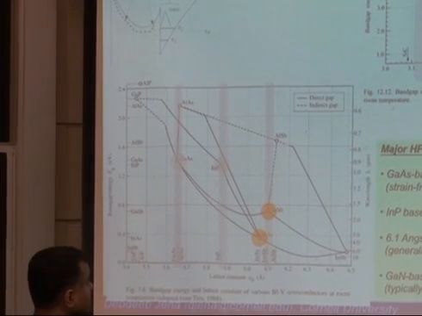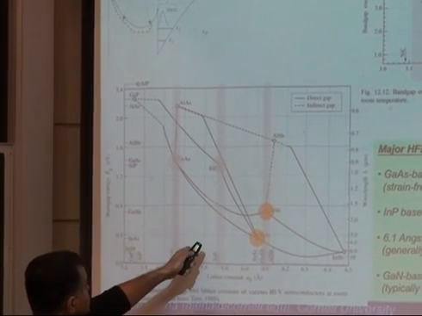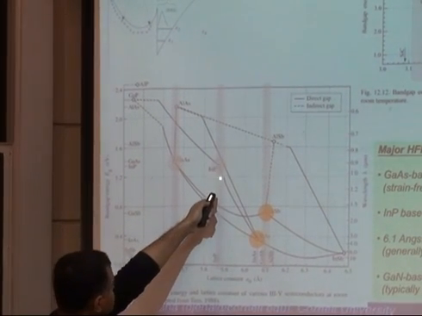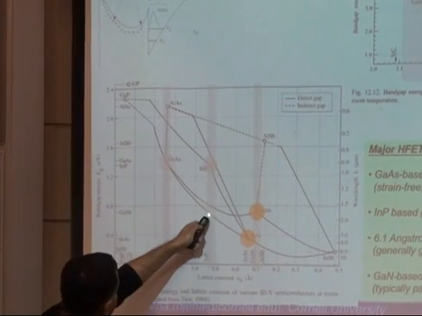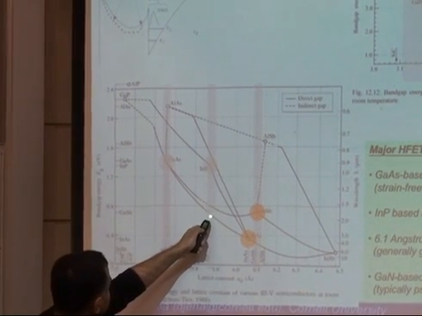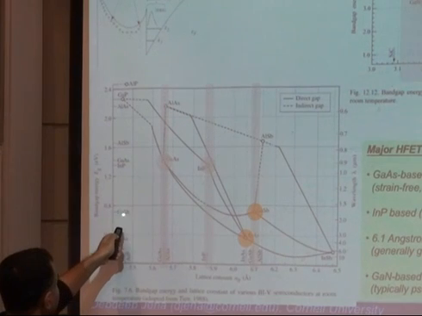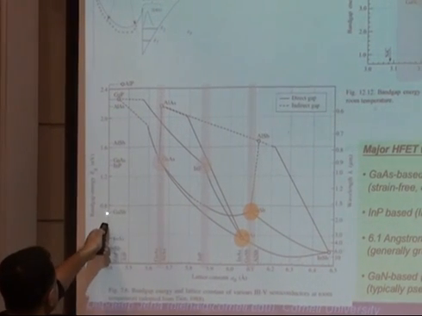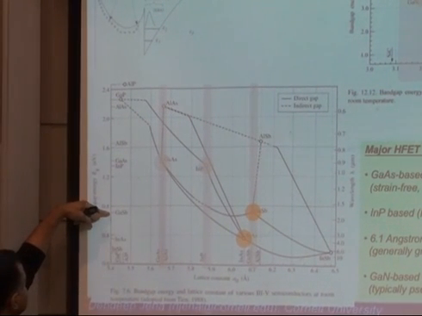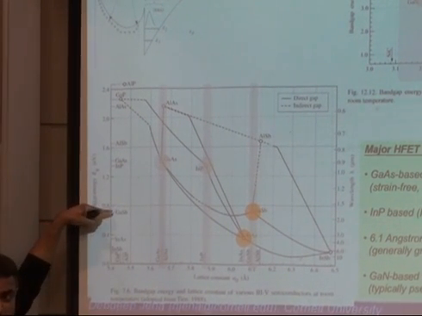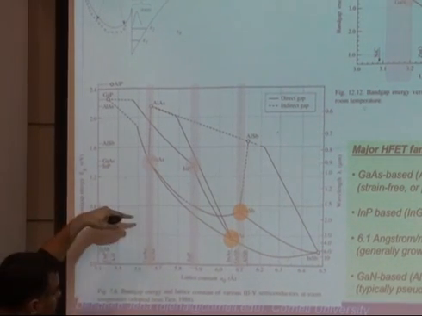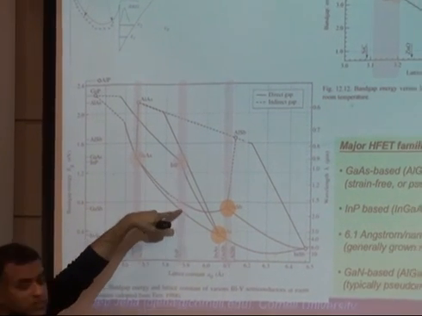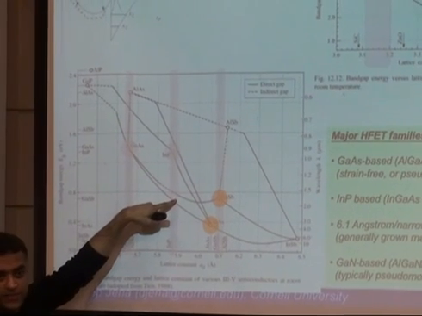The way you make a HEMT is you choose a lattice matched material, along this line, indium gallium arsenide, which is around here. So your band gap would be about 0.7 eV or so. You can grow thick because it's lattice matched, but you put a quantum well typically.